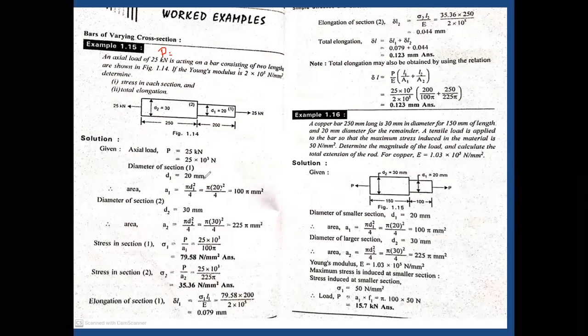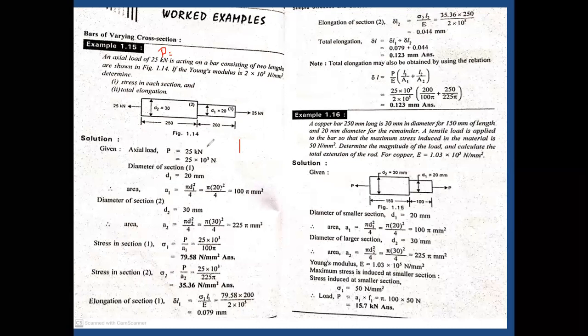In the case of a round bar, the area is pi by 4 d square. In the case of a rectangular bar, the area is length into breadth. In this situation, a round bar is given in the problem.